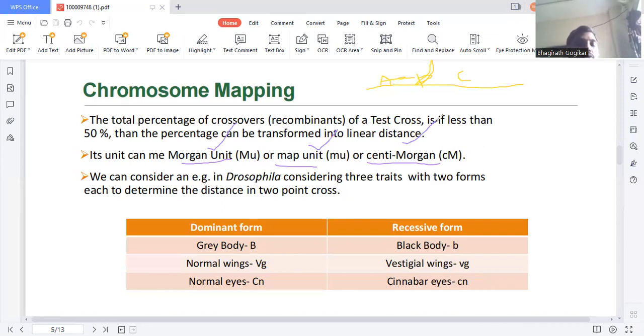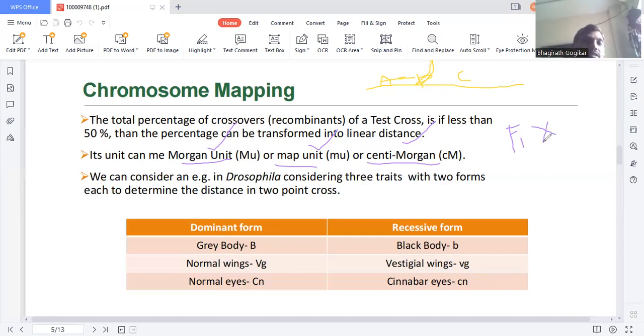How can you calculate the percentage of crossing over? Always we use the F1 individual crossed with the recessive parent, which is nothing but a test cross.